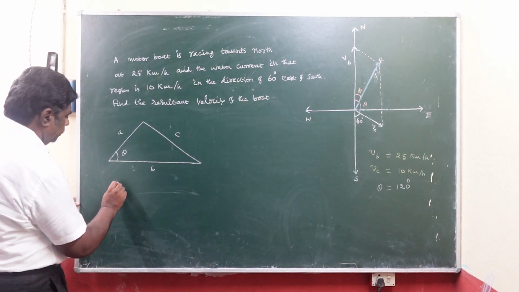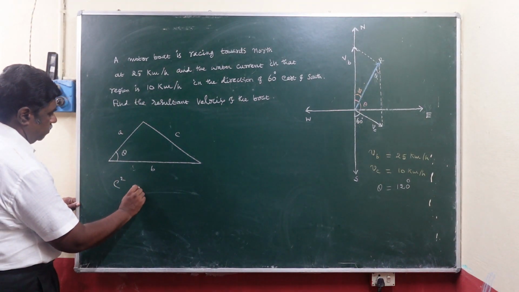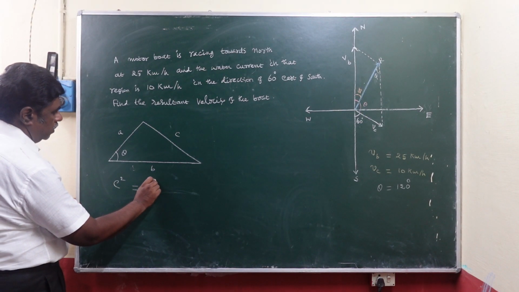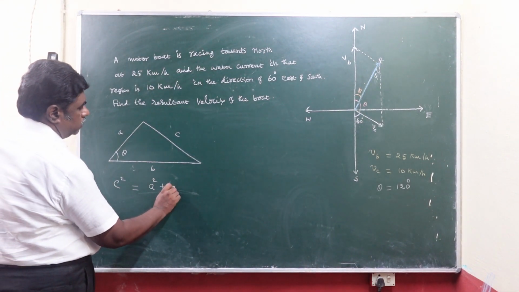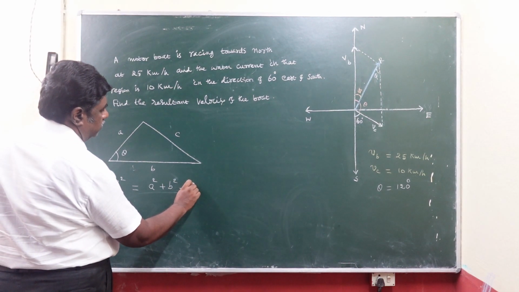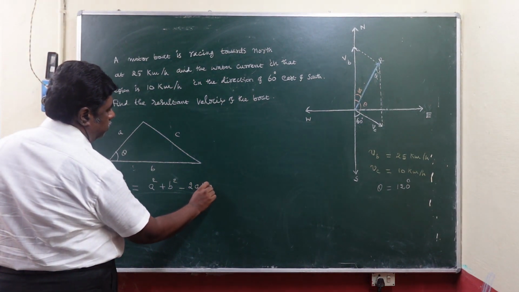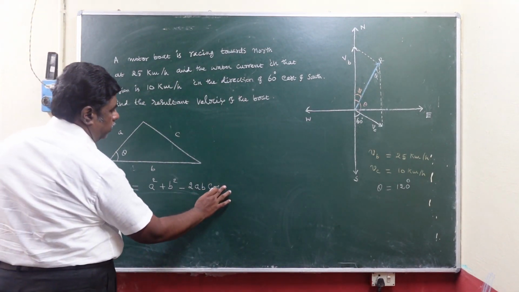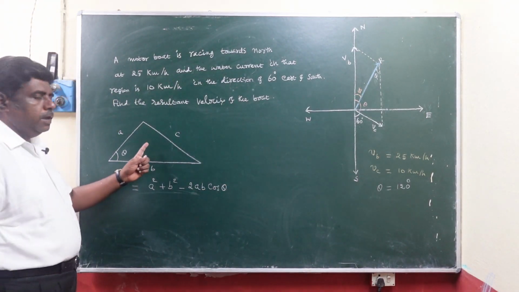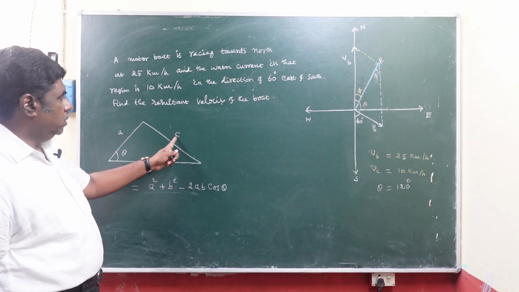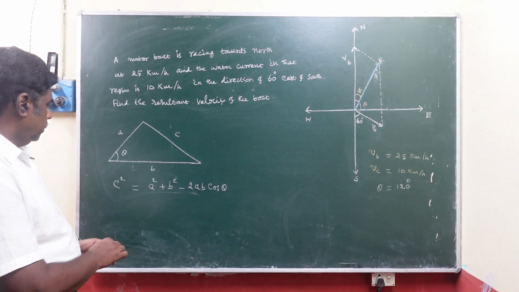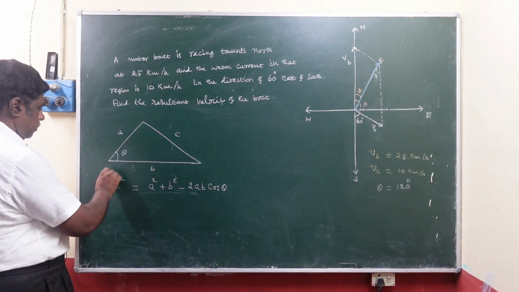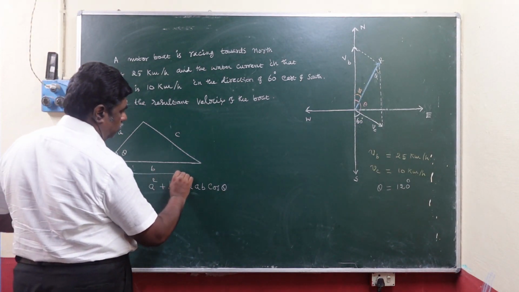The unknown side is given by the formula C square equal to A square plus B square minus 2AB cos theta. Here theta is the angle opposite to the unknown side C. This is called cosine rule.